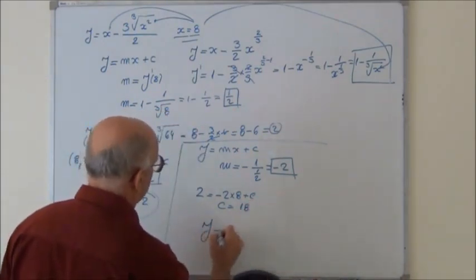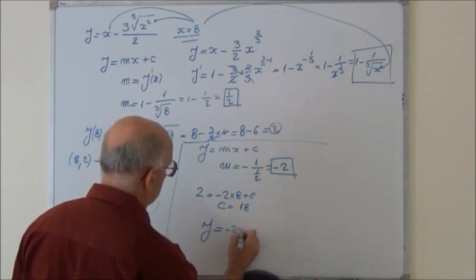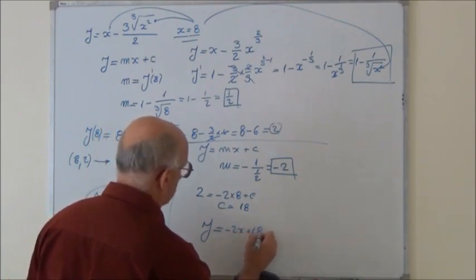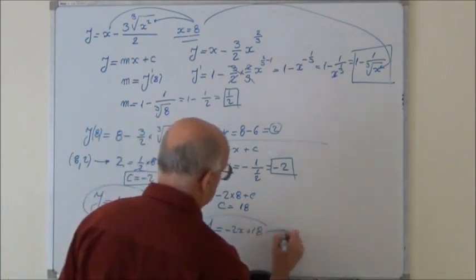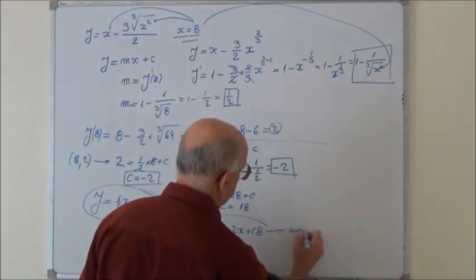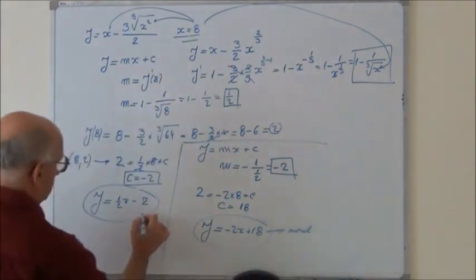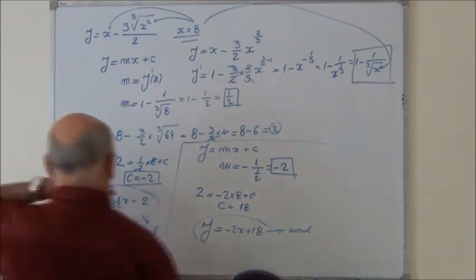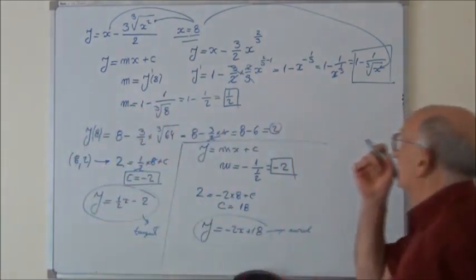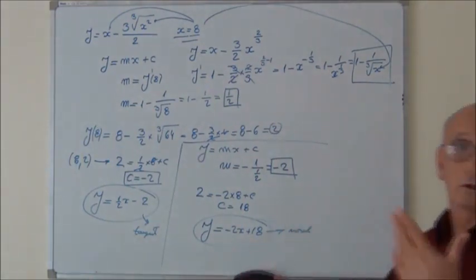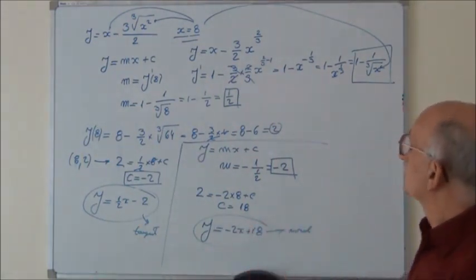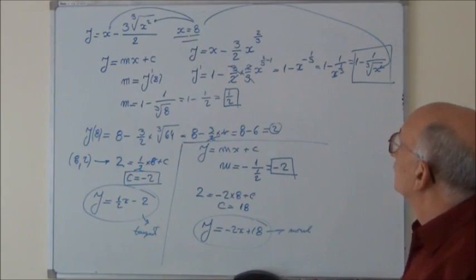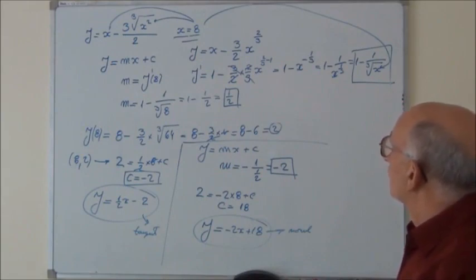So y equals minus 2x plus 18 is the normal, while this here was the tangent. So actually it's really straightforward, just to give us more confidence in how to find the equation of tangent and normal.